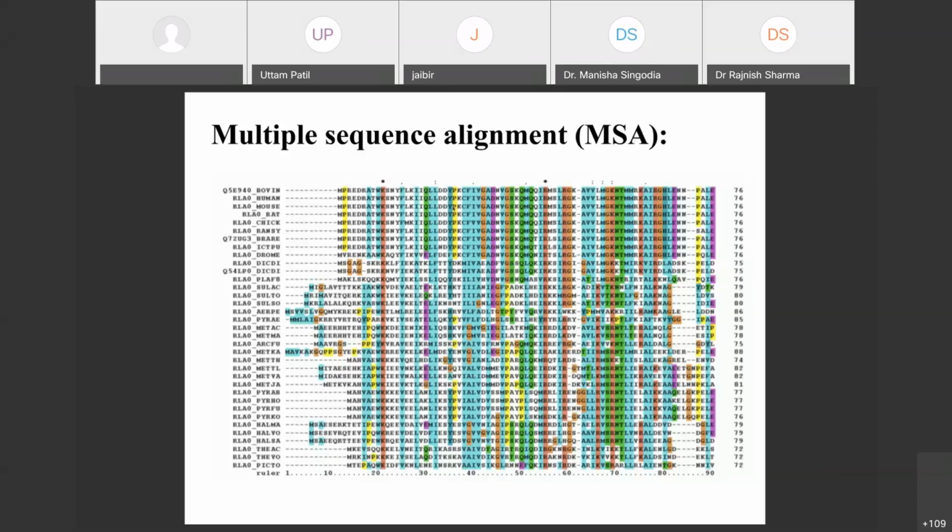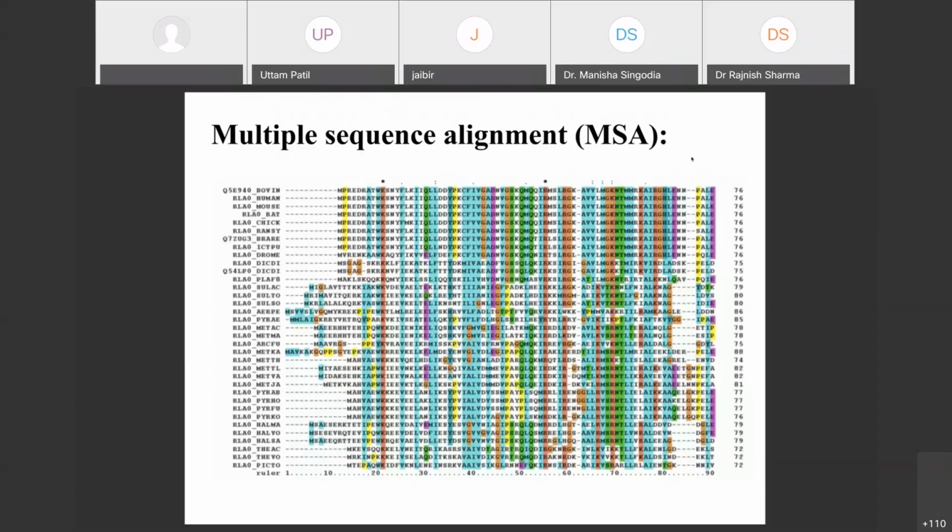And you see here there are only two amino acids which are completely conserved. You can look at the star and say, okay, there are two amino acids which are completely conserved. So this K is completely conserved regardless of the organism. Then you have another residue, R, which is completely conserved. So what does it tell you?